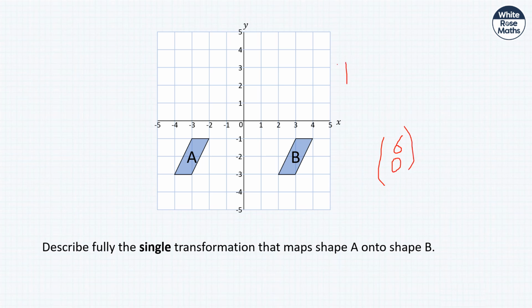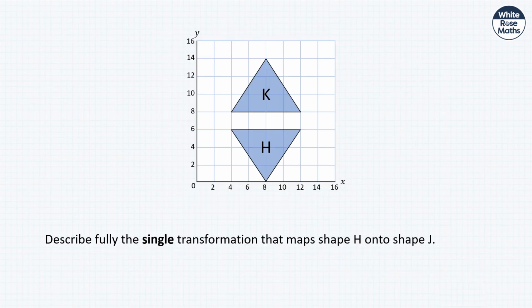Now, H onto shape K. It is a reflection in the line y equals 7. So it's a reflection, guys, in the line y equals 7.